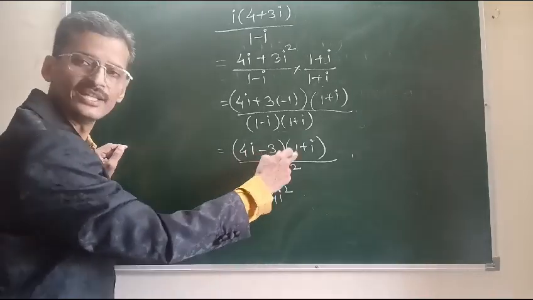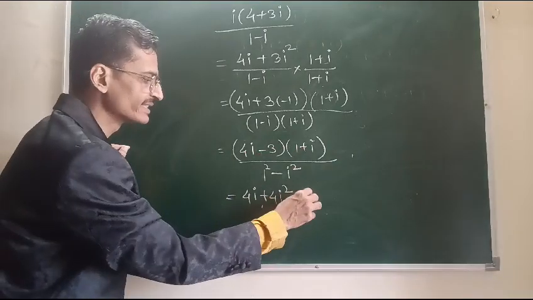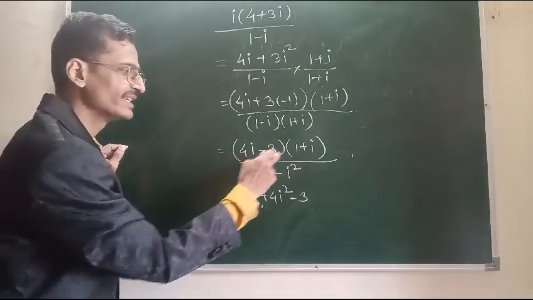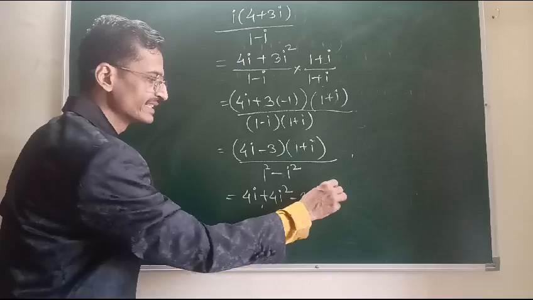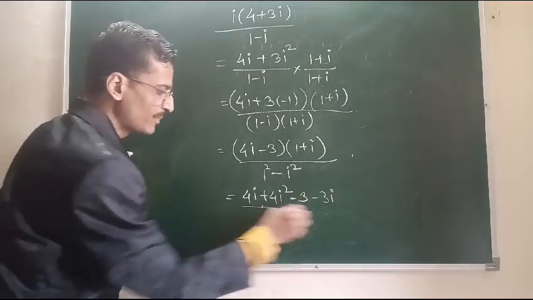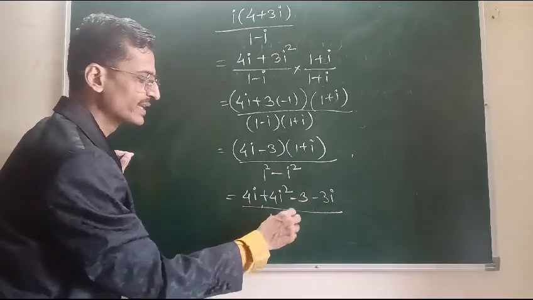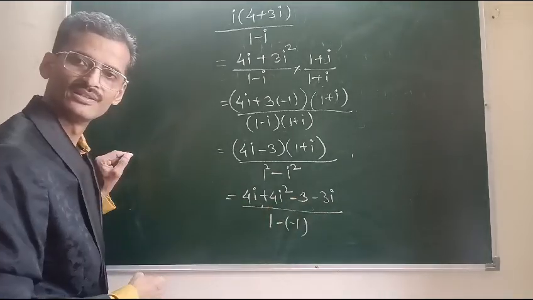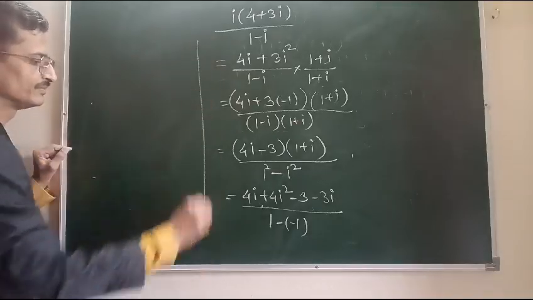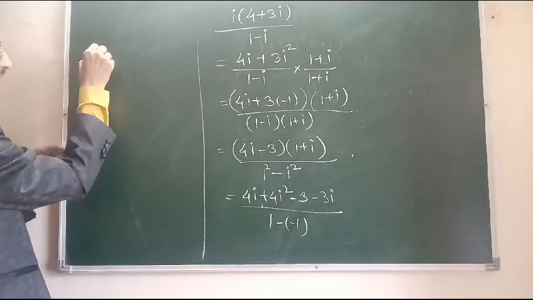Next, minus 3 into 1 is minus 3. Then minus 3 into i is minus 3i. Upon 1 square is 1, minus i square is what? Minus 1.